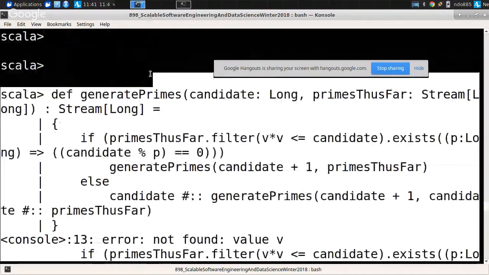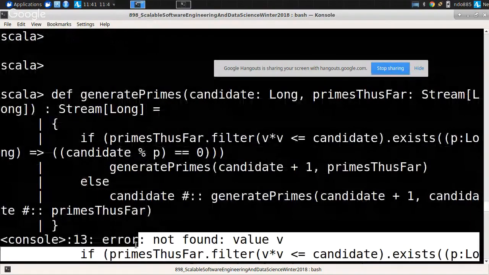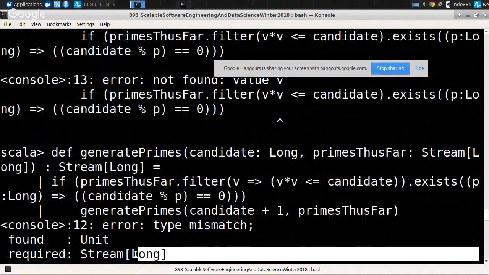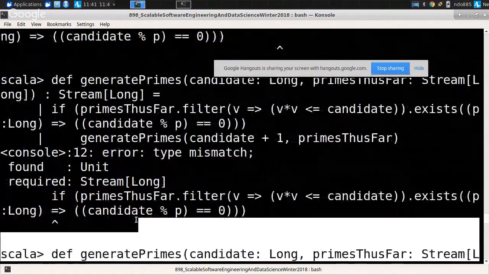And you're saying, is it possible that primes thus far will contain anything that is larger than the square root of the current candidate? Hmm.